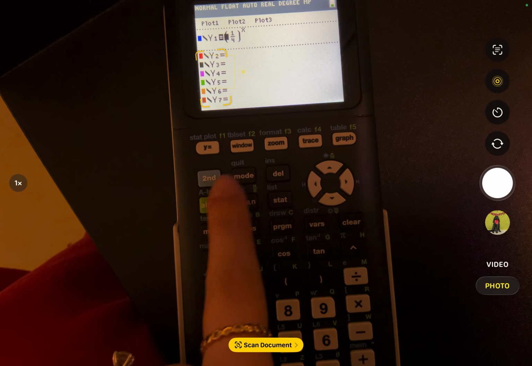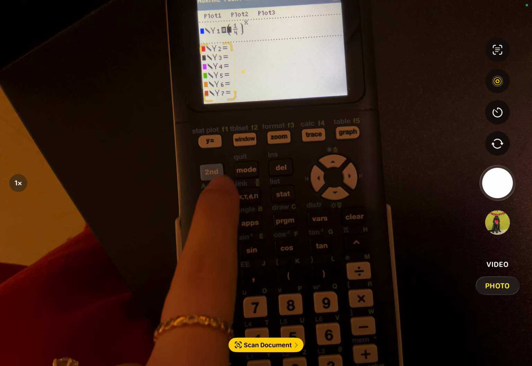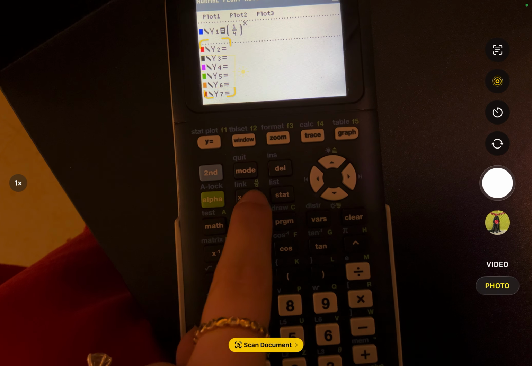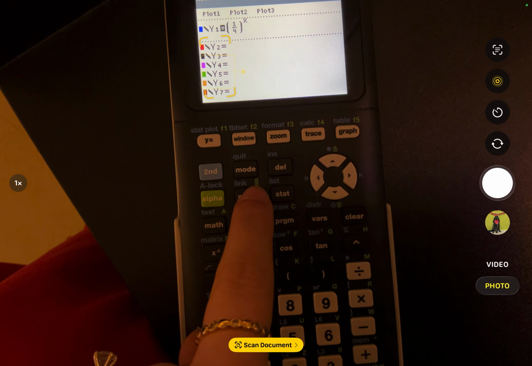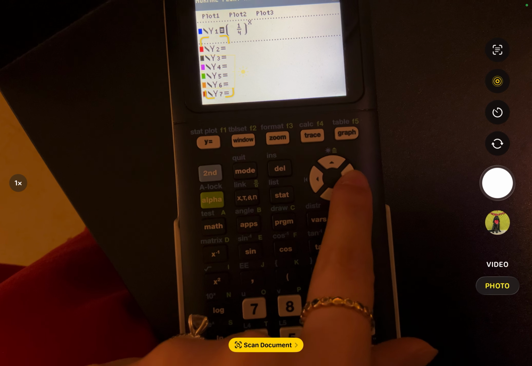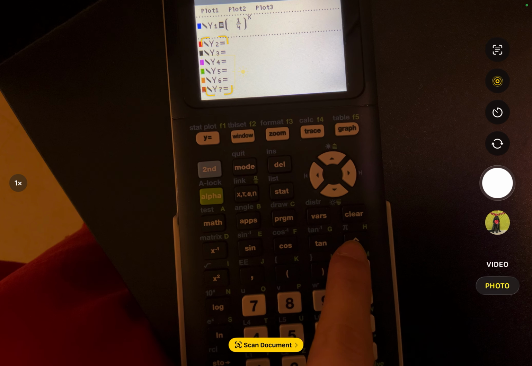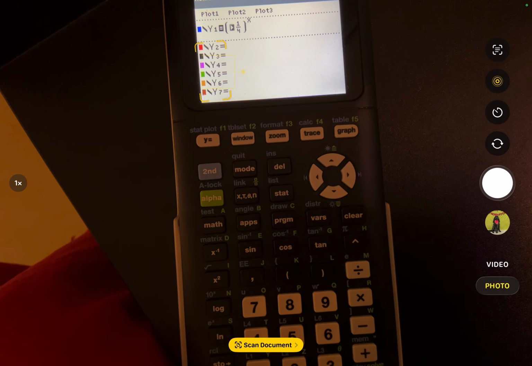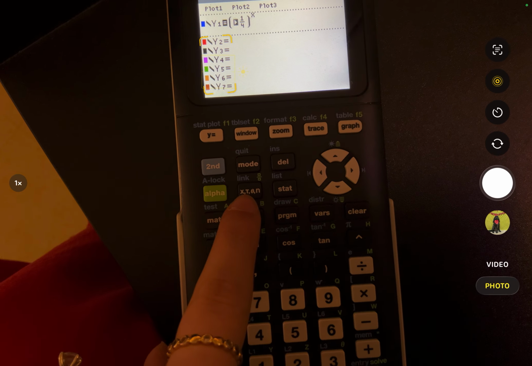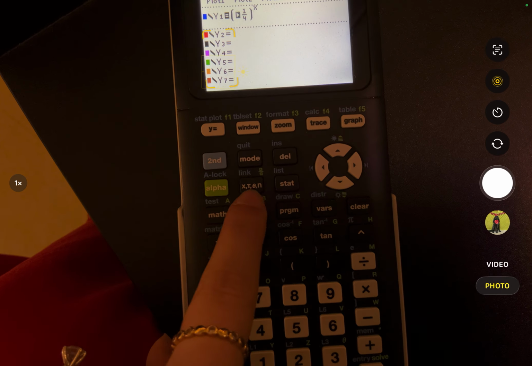So you do parentheses, type in 1/4, then you use the up arrow to make an exponent, and then you use the x variable key.